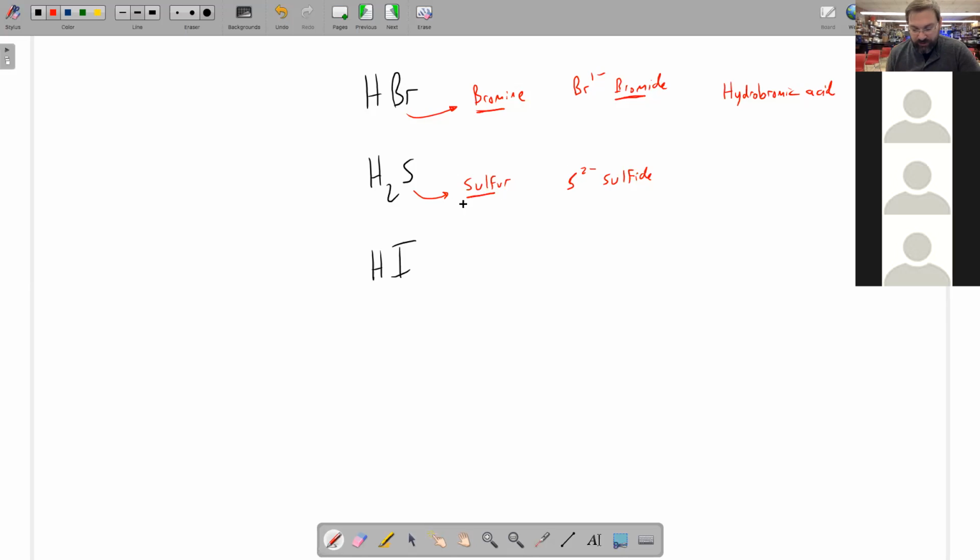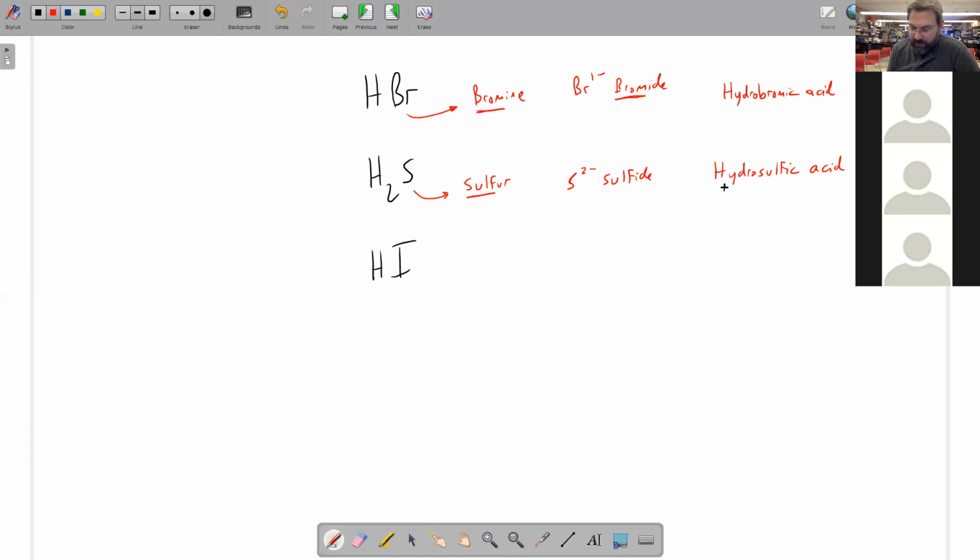Now, there are a lot of exceptions in chemistry in terms of naming. And here's an example. If you were to call this hydrosulfic acid, let me look at the IUPAC listing for it. Yeah.